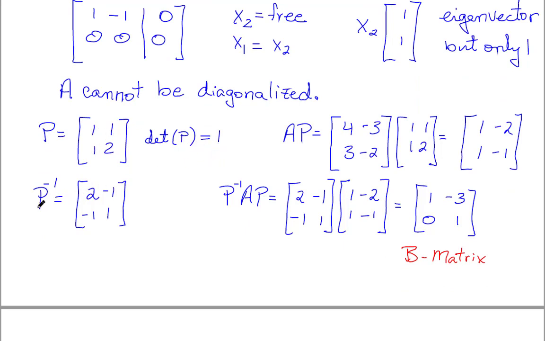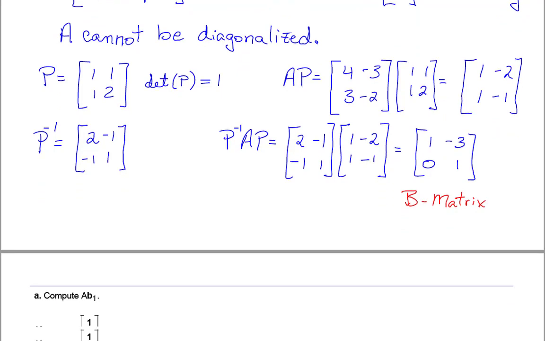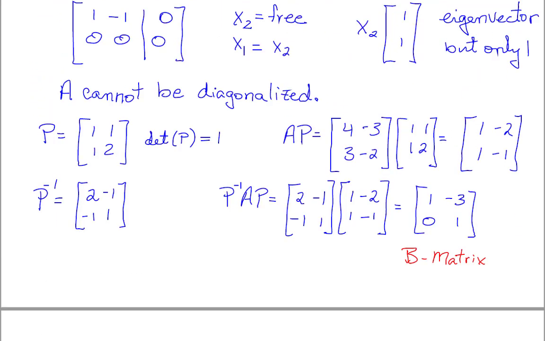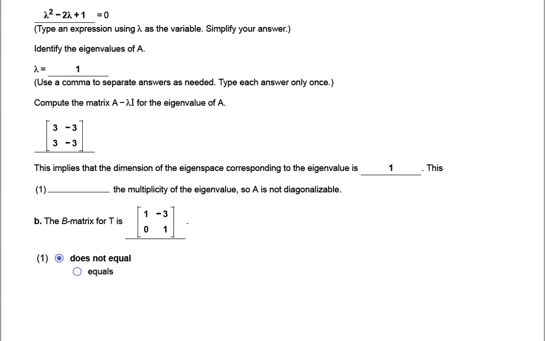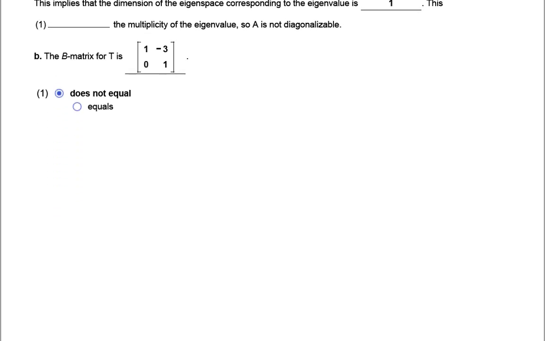I can easily find P inverse: swap the diagonals, take a negative of the other diagonals, and now I find A times P, and then P inverse times AP to get the B matrix for the transformation. Now in this last part they actually stepped through it for us, but we already did all of that, so there's nothing particularly new there.